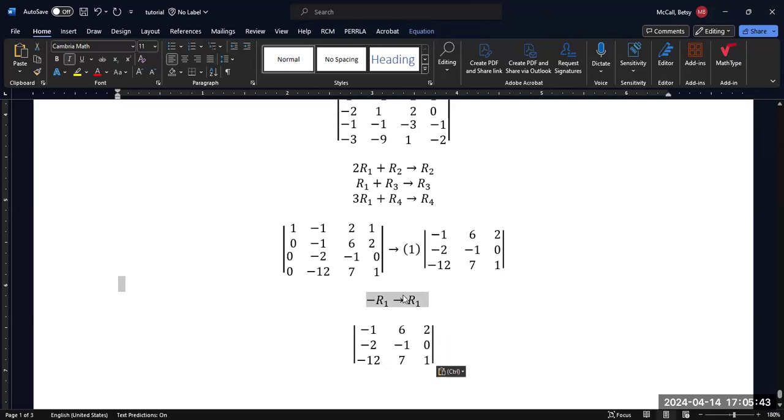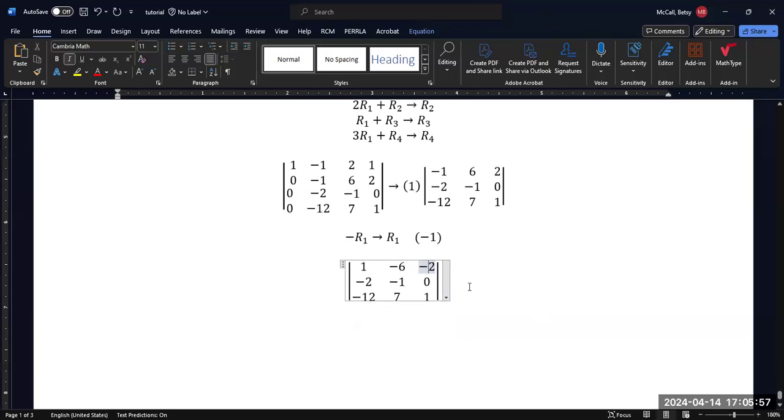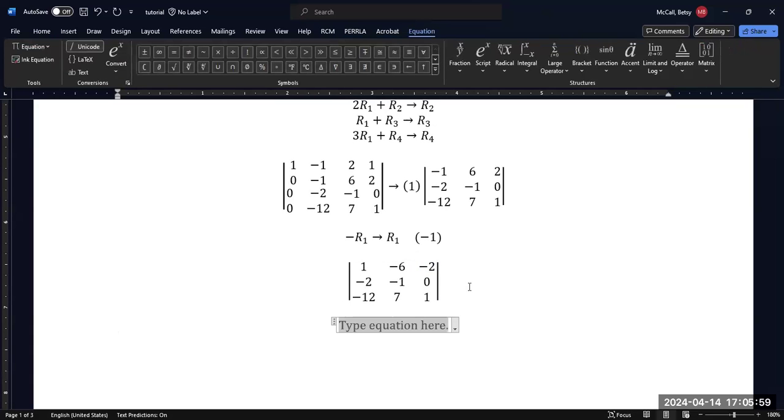And again, what I'm keeping track of here is that that's modifying my determinant by a negative. But it'll be more consistent with row operations from other cases where I'm trying to get a 1 in one of these positions. Now I want to eliminate what's below it.